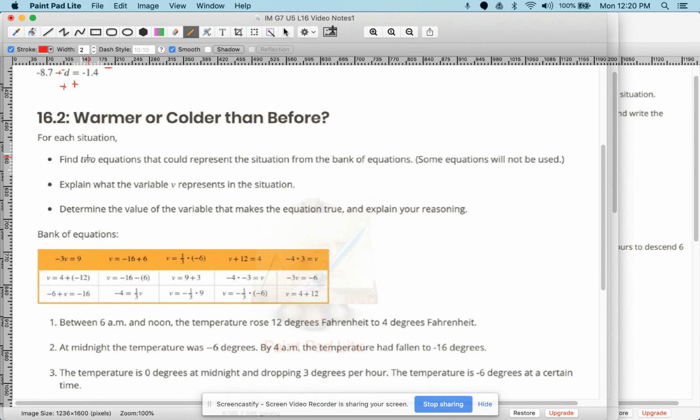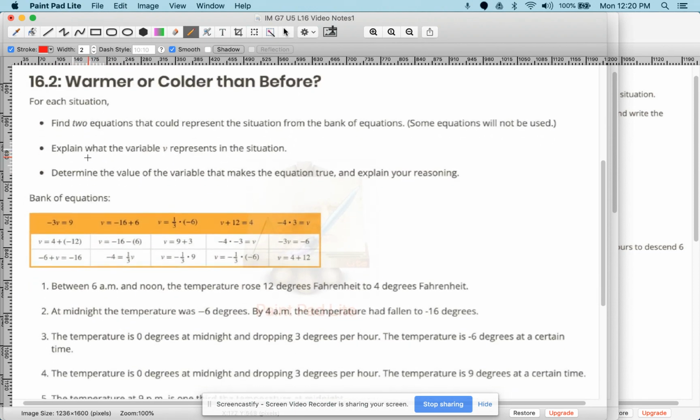We're going to move on to the second section of our lesson, and it's called warmer or colder than before. They're giving us a bank of equations that all use the variable v, and we have to figure out which equations go with each situation.